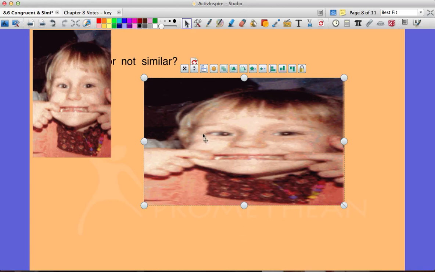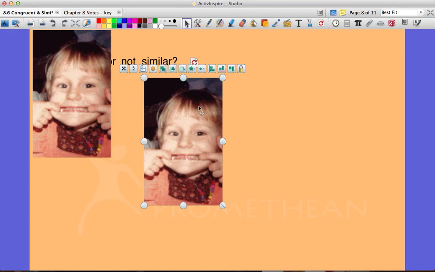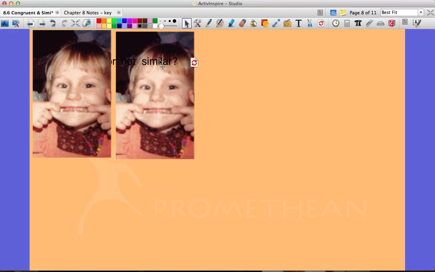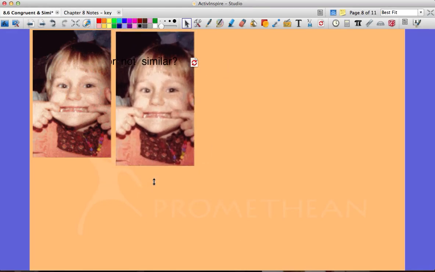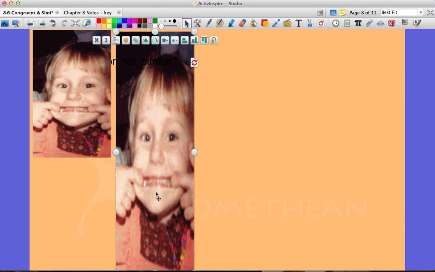So what happened is, I only made this bottom part longer, I didn't make this part taller. Same idea, I can take this and if I just make it longer, the face got longer, but it did not get wider, so it is not similar.